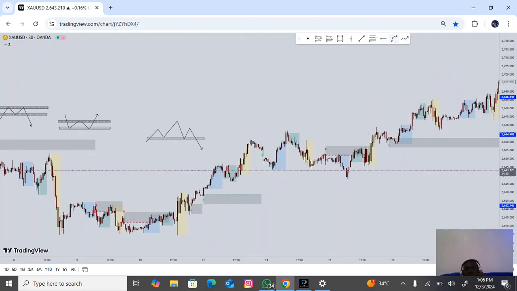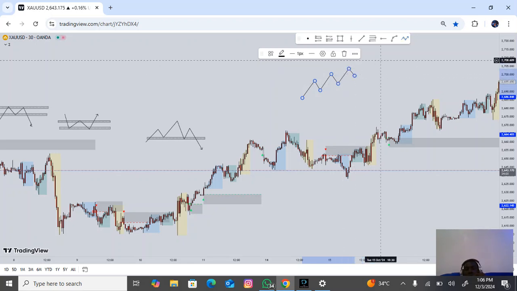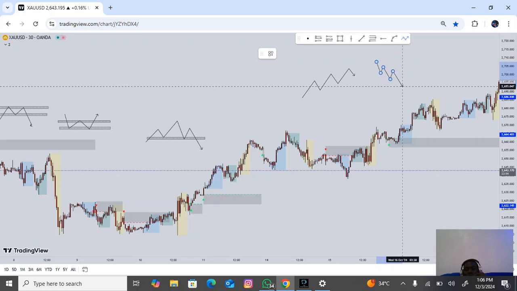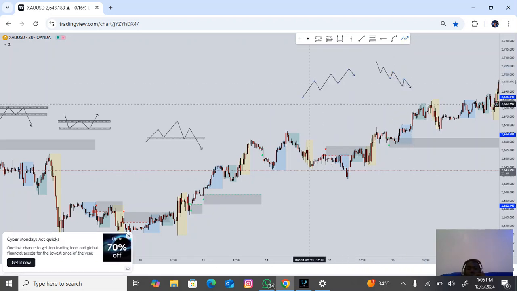You can identify the uptrend by the market making higher highs, while the downward market, which is the downtrend, is making lower lows and lower highs. That's how you can identify the up and the downtrend.